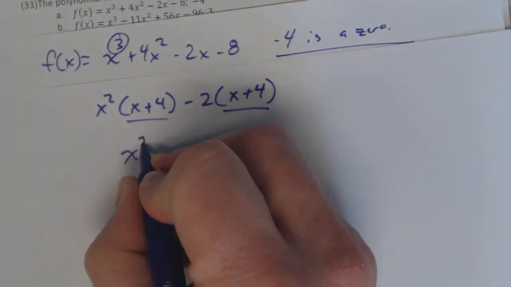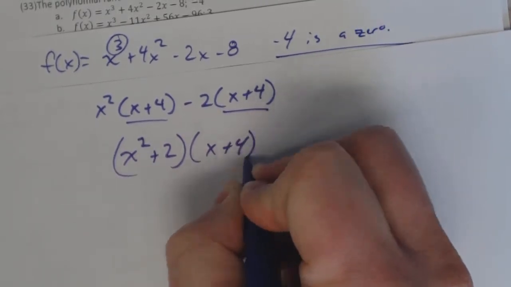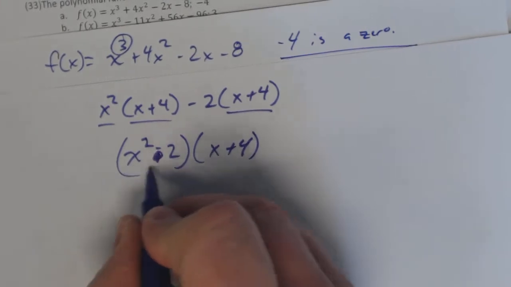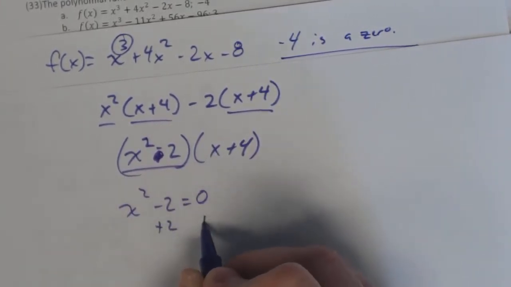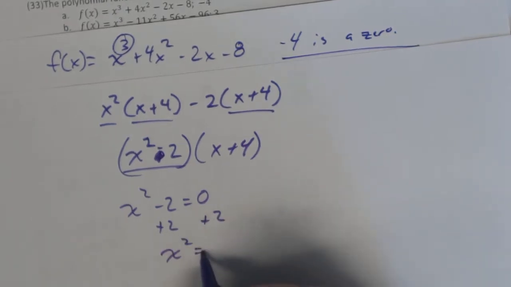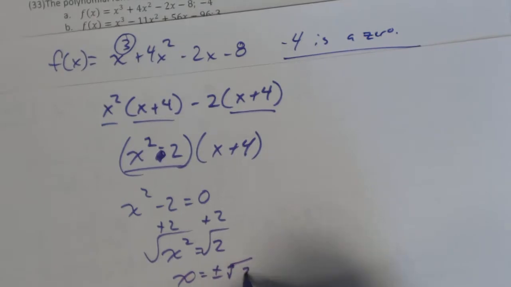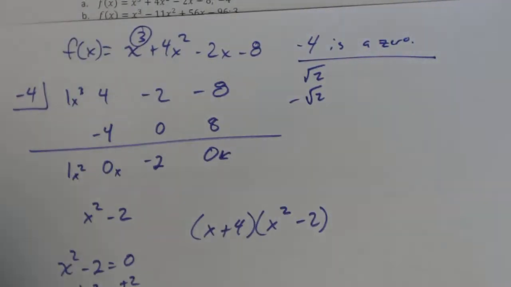So you factor out the x plus 4s, and you're left with x squared minus 2, right? You set this part equal to 0. So you could do this question 2 different ways. But if it gives me the 0, I'm going to go ahead and use it.